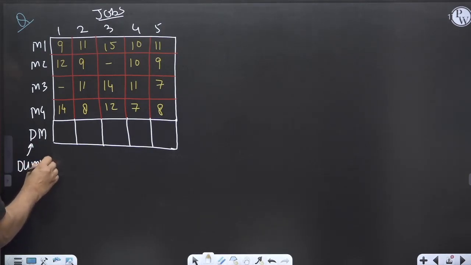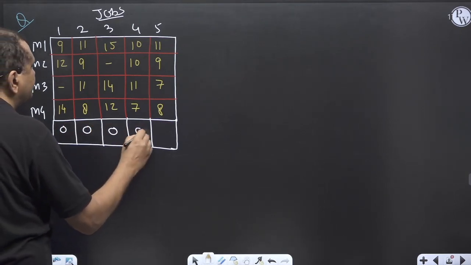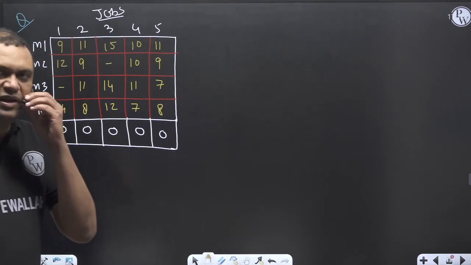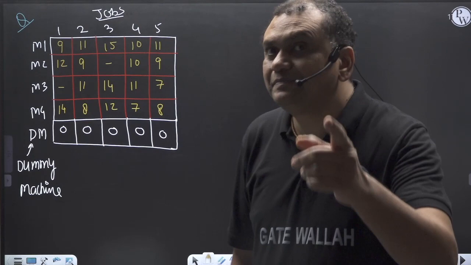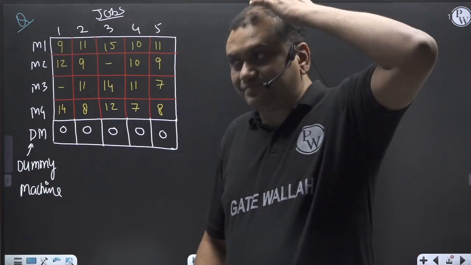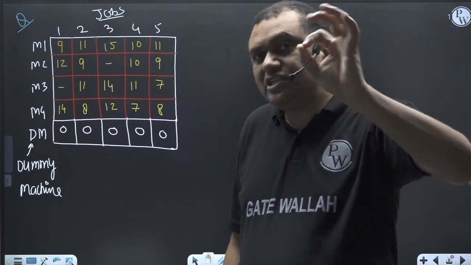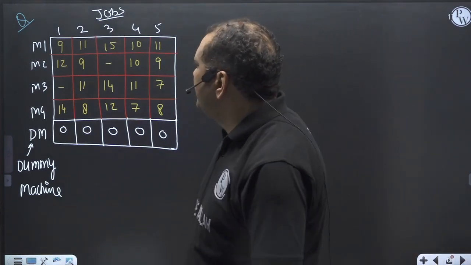The dummy machine will consume 0 time. So you make a square matrix by adding a dummy row or dummy column. The matrix must be square before we operate.